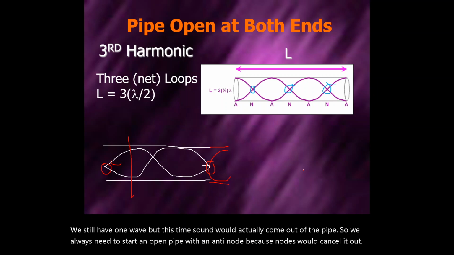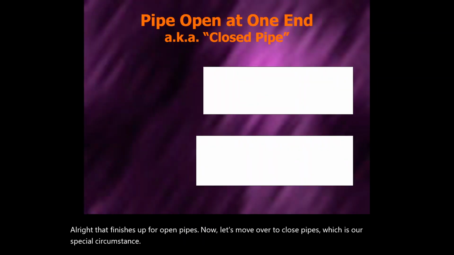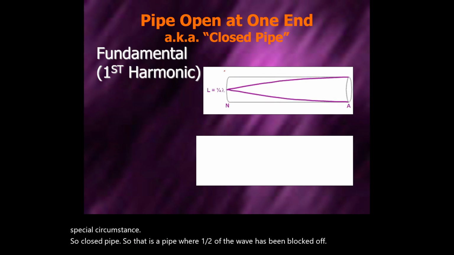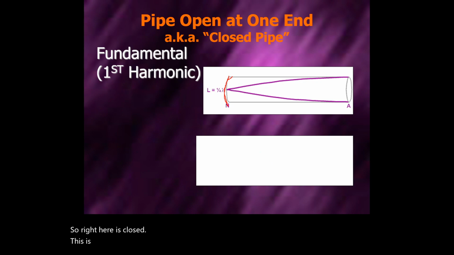All right, that finishes us up for open pipes. Now let's move over to closed pipes, which is our special circumstance. A closed pipe is a pipe where half of the wave, or half the pipe, sorry, has been blocked off. So right here is closed. Nothing's coming in or out.